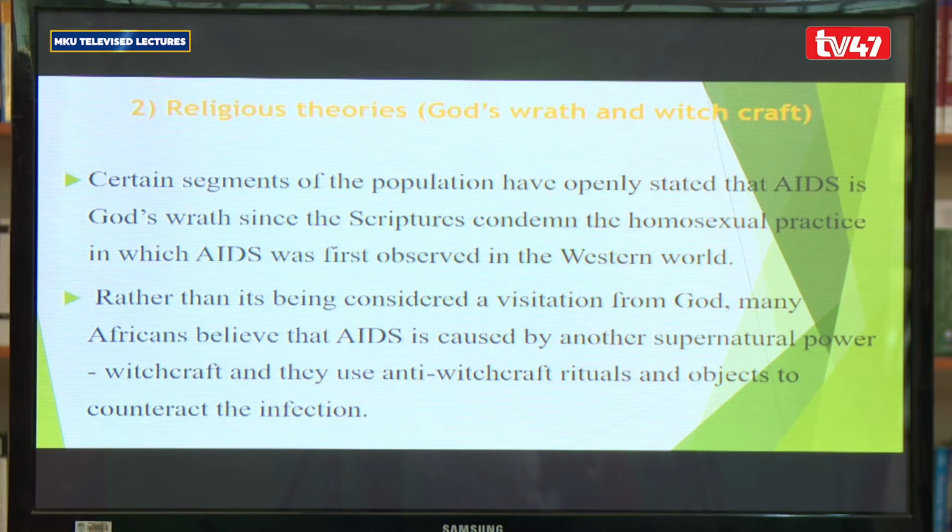Rather than this being considered a visitation from God, many Africans believe that AIDS is caused by another supernatural power, like witchcraft, and they use anti-witchcraft ritual objects to counteract the infection.